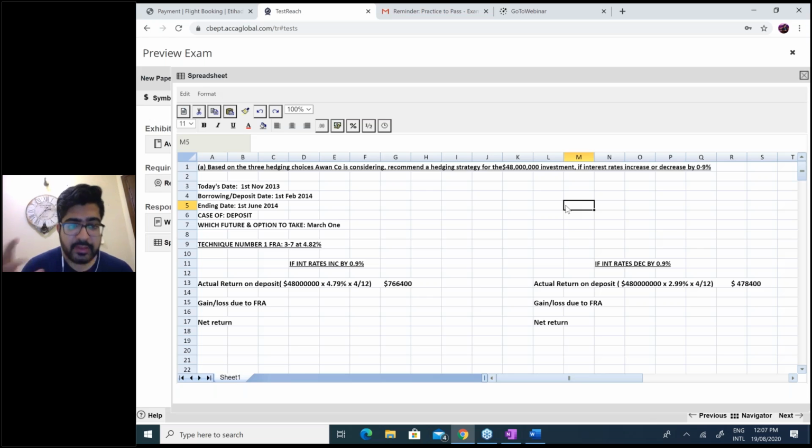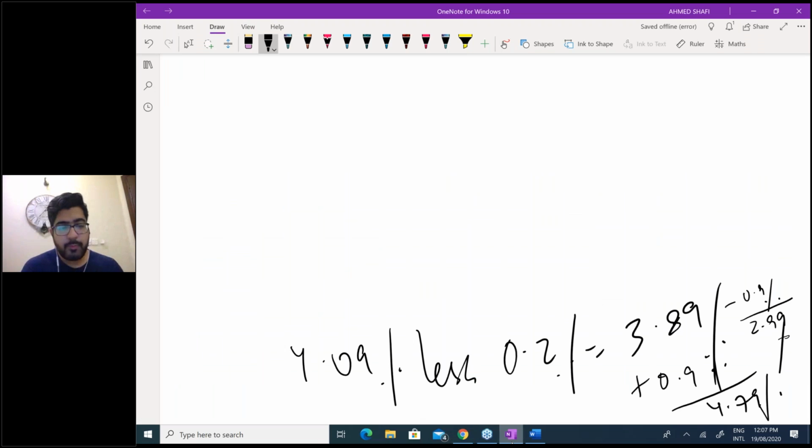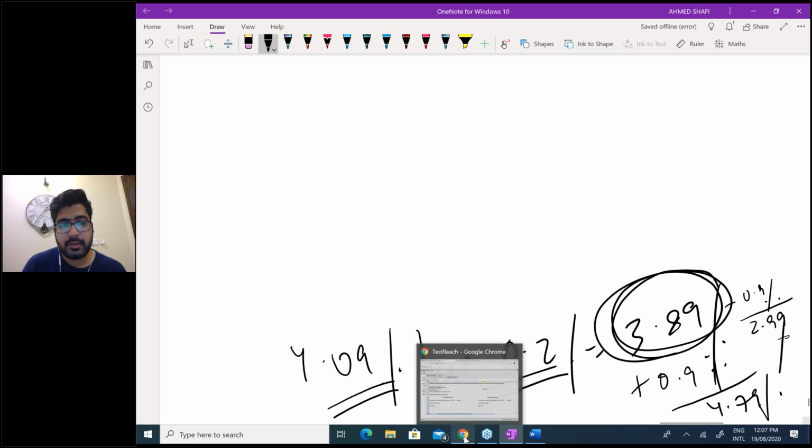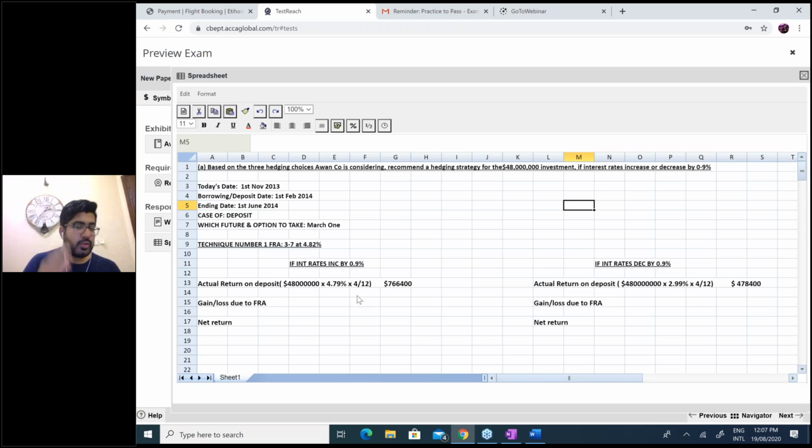It's clearly written in the question that you can invest at interbank rate 4.09 less 20 basis points, 0.2. So you can invest at 3.89. We are doing the case where interest rates increase by 0.9. You can invest at 4.09 less 0.2, 3.89. If they increase by 0.9, you can invest at 4.79.